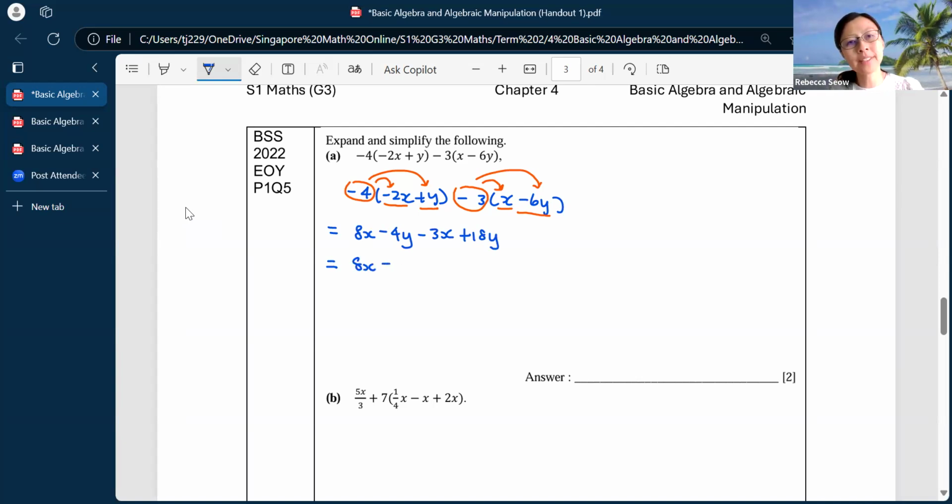Put the x terms first. So we simplify. 8x take away 3x, we get 5x. Negative 4y plus 18y, we get positive 14y. So this is our answer.